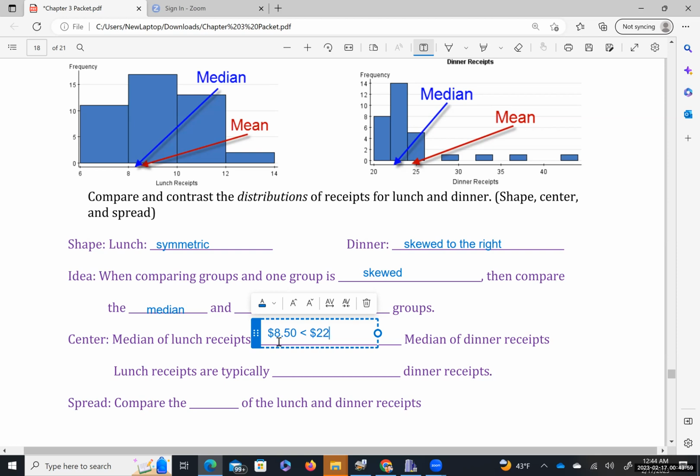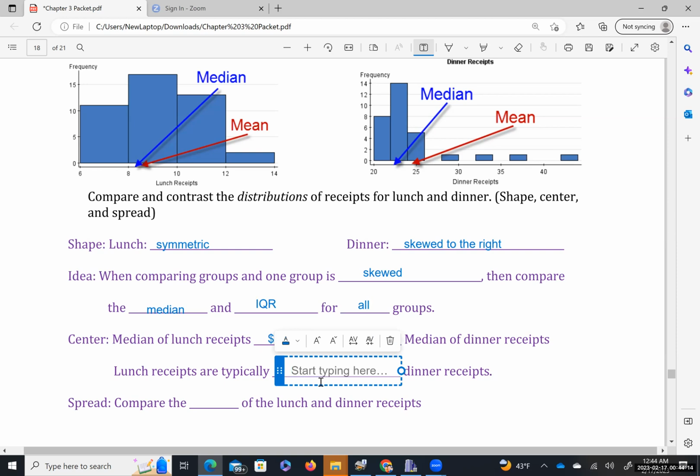So the lunch receipts are typically less than dinner receipts, right? Because of the median here.